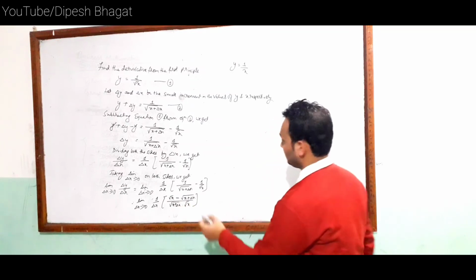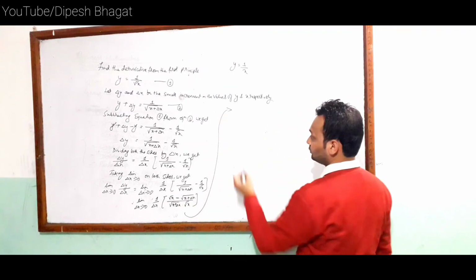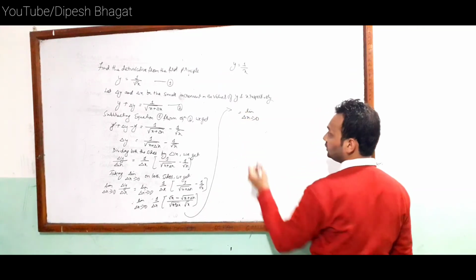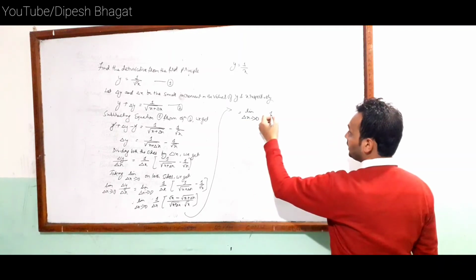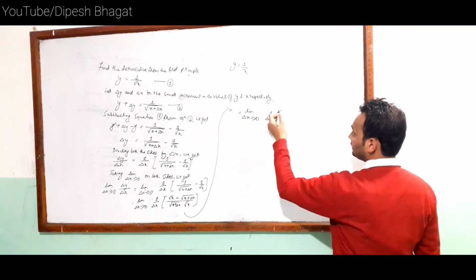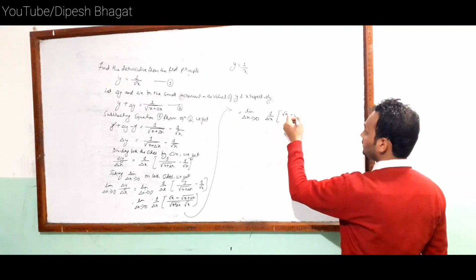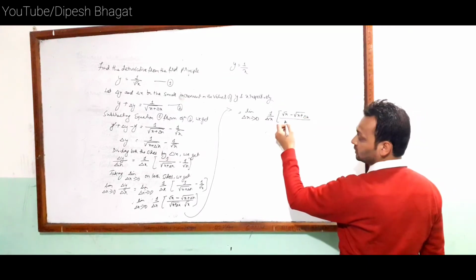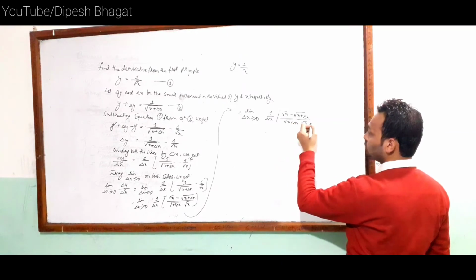So the further step I am solving over here. Now after this step, limit delta x tends to 0, 1 by delta x, and the upper part is root x minus root x plus delta x by root x plus delta x into root x.